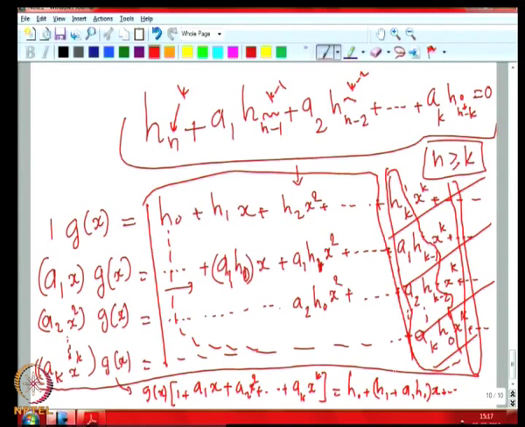So, this is the way it will look. Finally, a k minus 1 times h0 will be there. So, only up to x raised to k minus 1 will come. So, this portion will be our p of x, because g of x into something is equal to something.